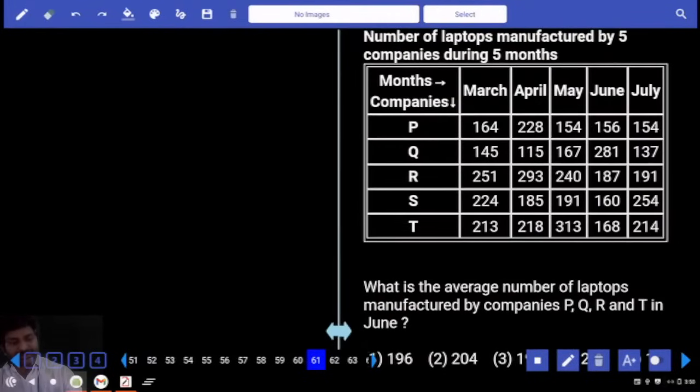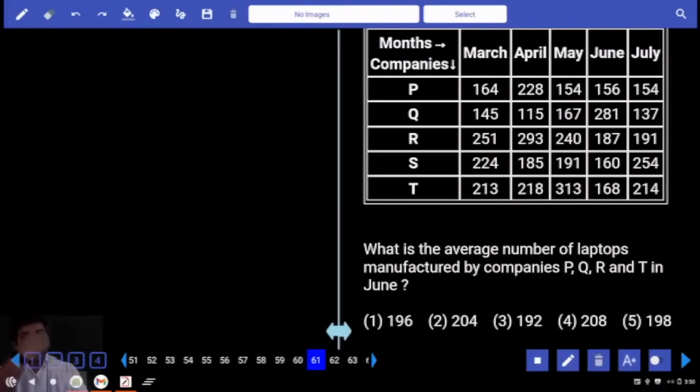Laptops companies, fine. What is the average number of laptops manufactured by companies PQRT in June? PQRT. How many companies? 4 companies are there. ఇదే కదా కావాల్సింది. చేయాల్సింది.